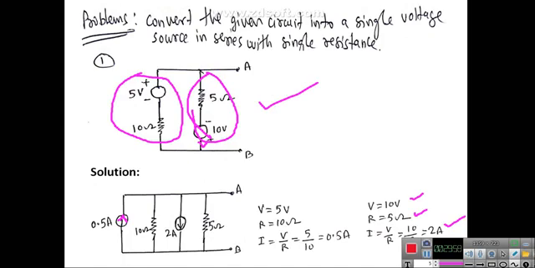So the resultant is 2 minus 0.5, which is 1.5, and the direction is downward because the higher current magnitude is downward. Similarly, the equivalent resistance of the two in parallel is 10 into 5 divided by 10 plus 5. That is the equivalent resistance connected in parallel to the current source.